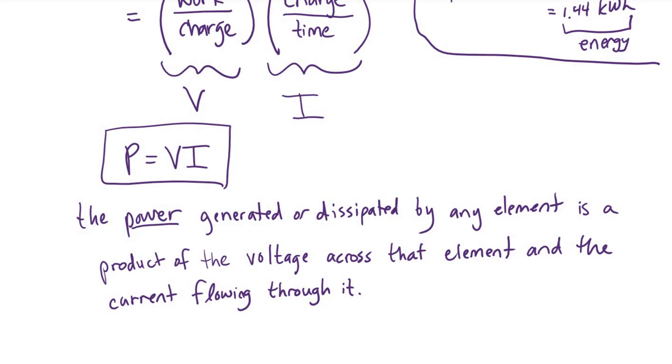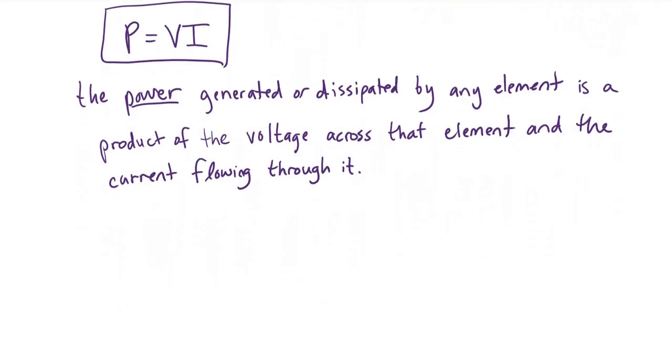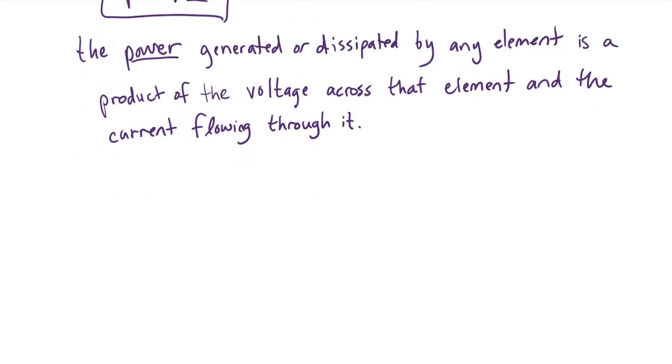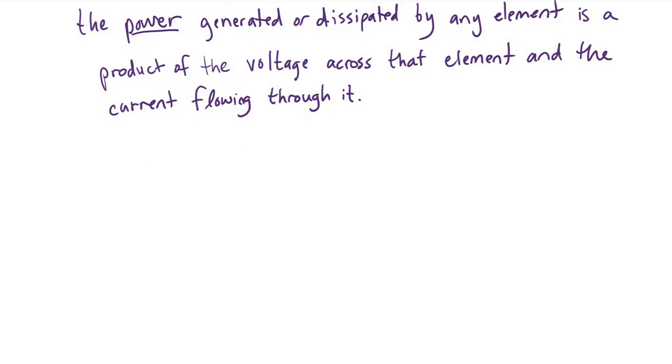There are going to be times in our circuit analysis when you're going to be asked to identify whether or not an element is dissipating or generating power. And the method that we'll use is this sign convention for power. This is kind of a confusing one, but I think when we diagram it out, hopefully it'll make some sense.